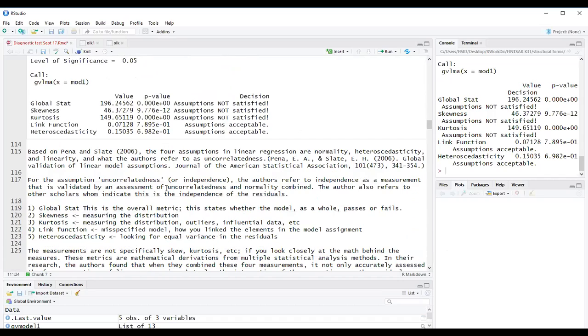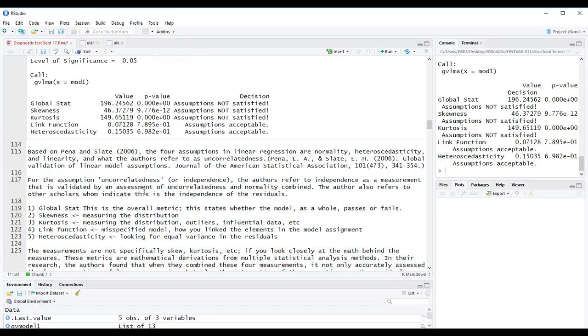Okay, so naglagay ako ng konting insights kung ano to. Galing kay Peña and Slate tong GVLMA. Ang sinasabi nila, yung assumptions natin sa linearity are normality, heteroskedasticity, linearity of the relationship, and uncorrelatedness, yung independence ng error terms natin.